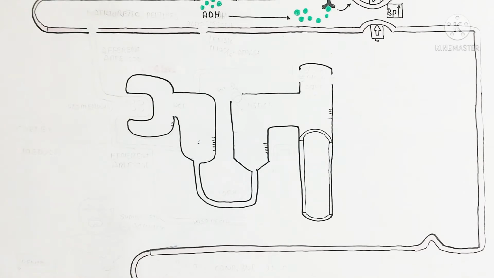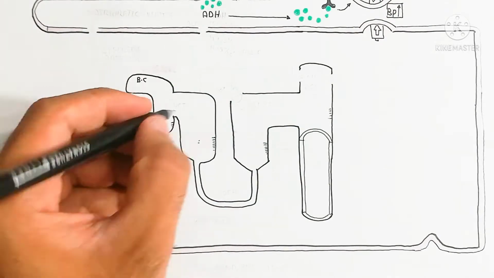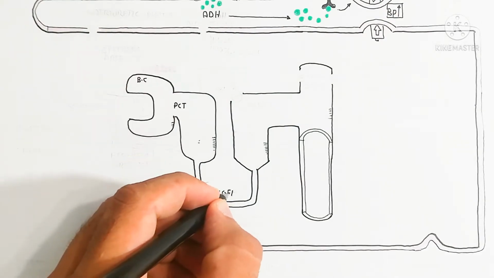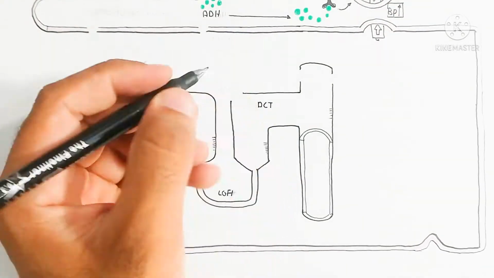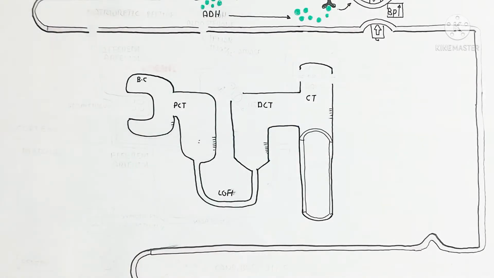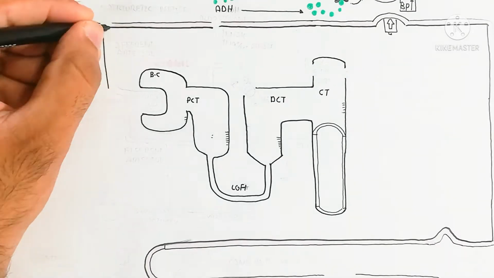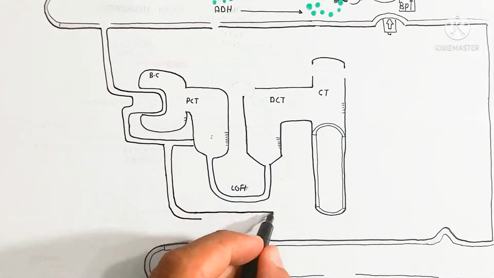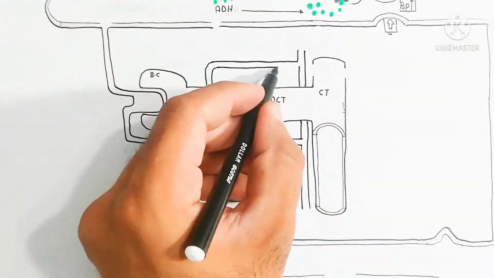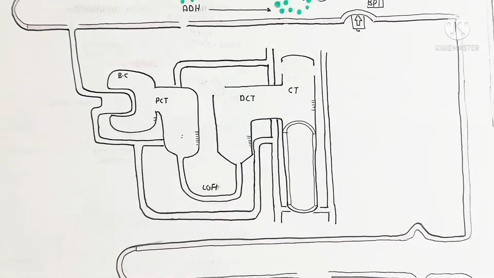This is used for the uptake of not sodium but water. Here is the nephron, and we are understanding its basic general structure, which contains the Bowman capsule, proximal convoluted tubule, loop of Henle, and distal convoluted tubule, and here is the collecting duct.